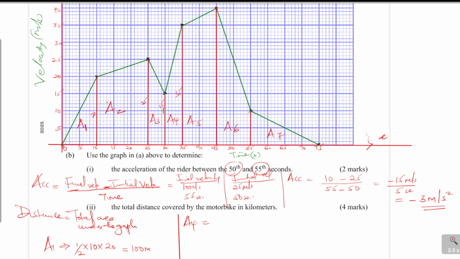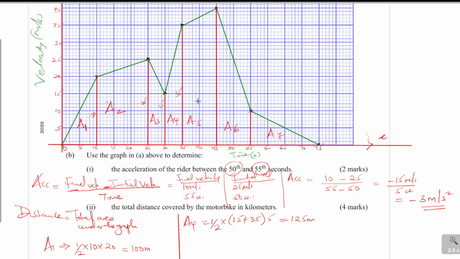So a half times the sum of the two parallel sides: this is 15 plus 35, times the height. The height is 30 to 35, so that is still 5. When you get that area, that will give 125 meters.